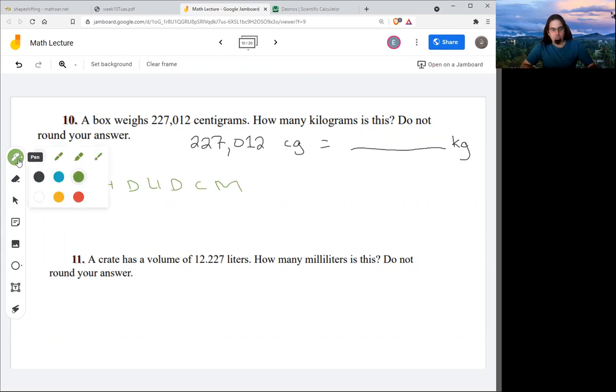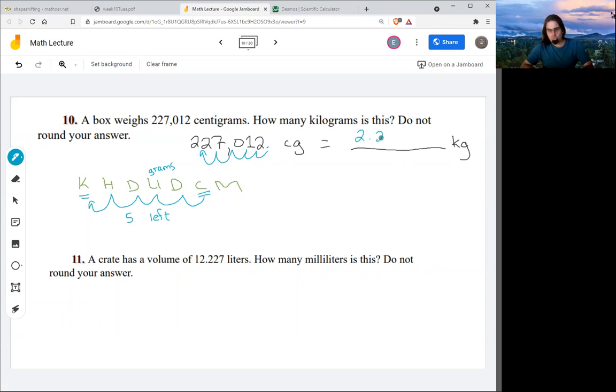I like to label what it is. This is grams this time. I'm going from centigrams to kilograms. That's a lot of scoots. 1, 2, 3, 4, 5 left. So the decimal point is hiding there. 1, 2, 3, 4, 5. So 2.27012.